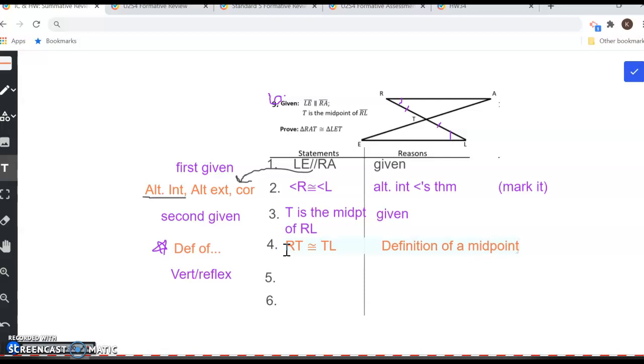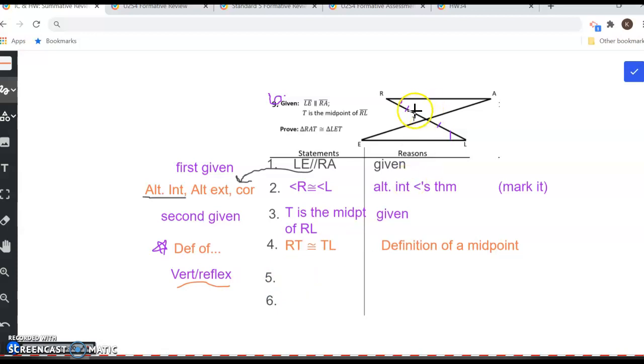And because we are trying to see if these triangles are congruent, all triangle proofs have one thing in common. All of our triangle proofs had a vertical or a reflexive step. This one, because it looks like an hourglass, is going to have vertical angles.